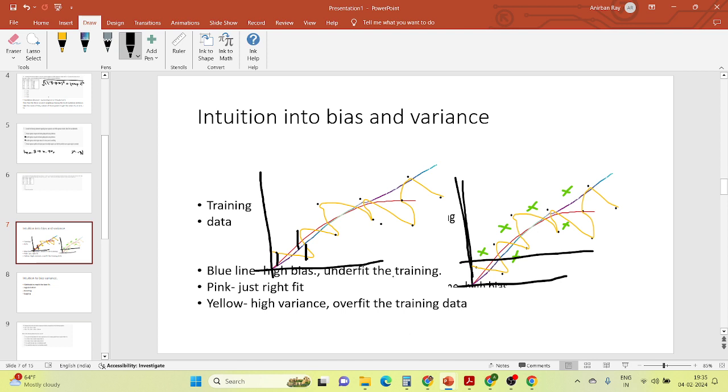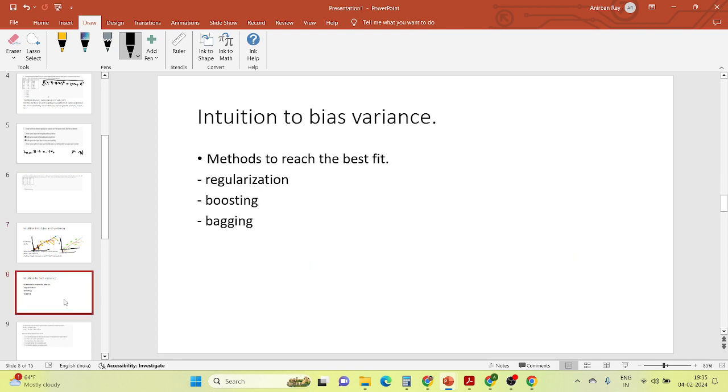So both blue and yellow are unable to be a good predictor, unable to generalize better. One is underfitting, one is overfitting. So we will use this bias and variance information to get to the pink line, that is the just right fit one. So that is the idea.